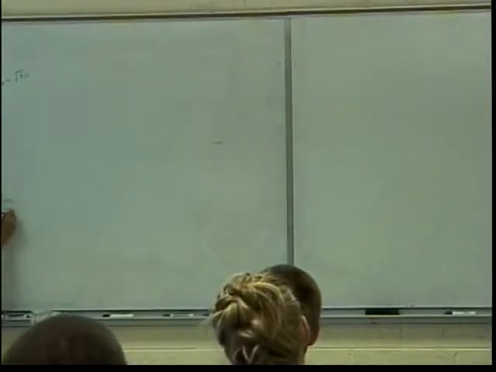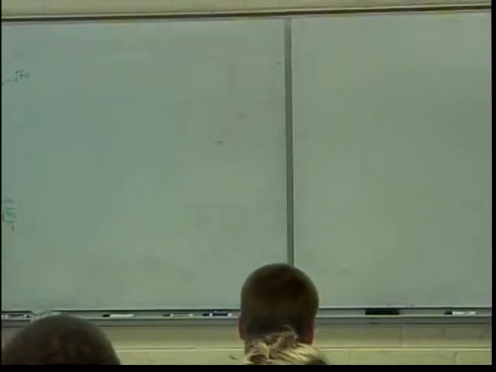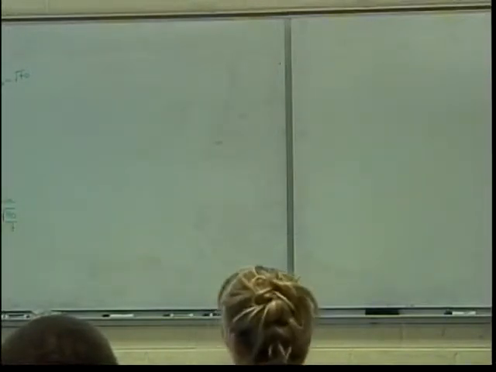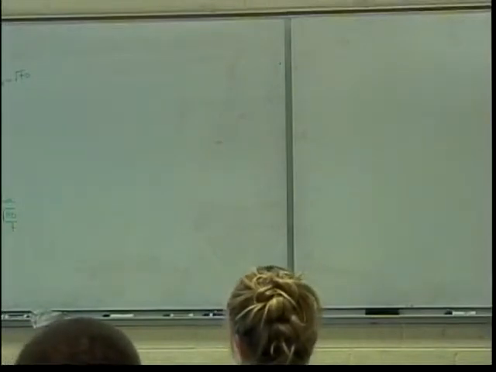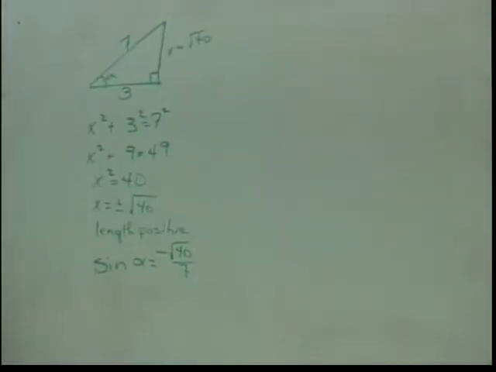Square root of 40 over 7. But the triangle doesn't tell me whether it's positive or negative. Alpha's in quadrant 4, and in quadrant 4 all sine values are negative. So this is going to be negative square root of 40 over 7.